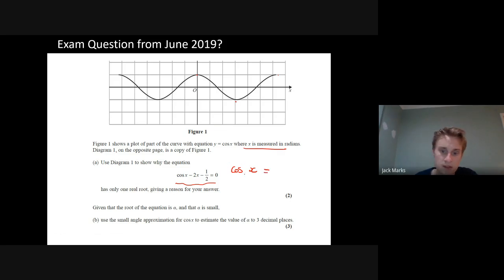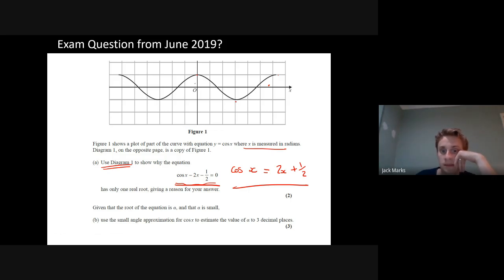So if I had cos of x and I moved the 2x and the half to the other side, solving this is the same as solving this. Well, cos of x is already drawn. Use the diagram, not optional, use the diagram. Now draw 2x plus a half.